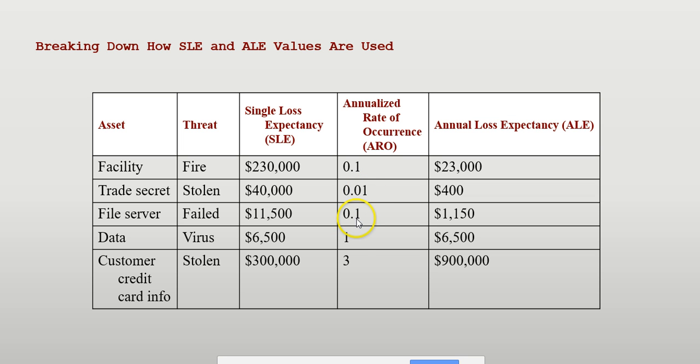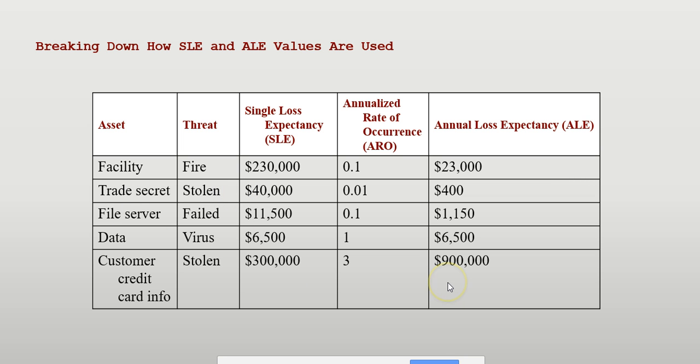This is a 10th% chance. This is a 100% chance, and then this is 3 times in a year that this could possibly happen. Okay, so that's kind of what we're looking at here, and from that we can deduce that, if a facility catches on fire, the single loss expectancy is this, 10% of that is this, and here are the numbers for each one of them.